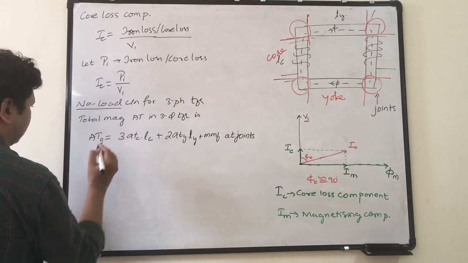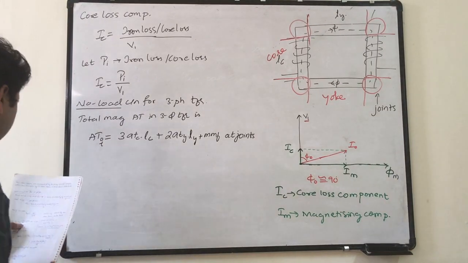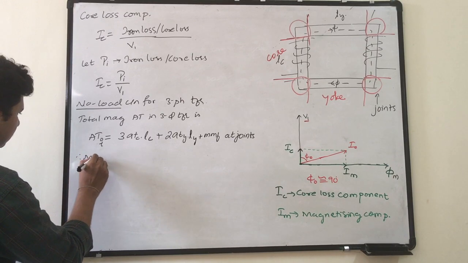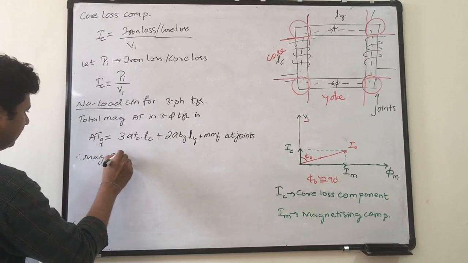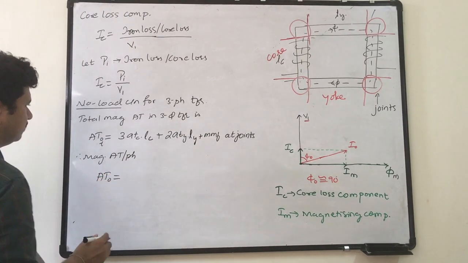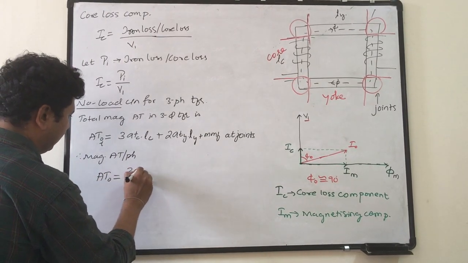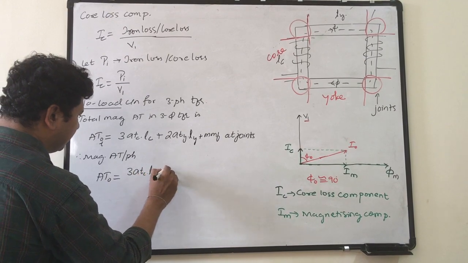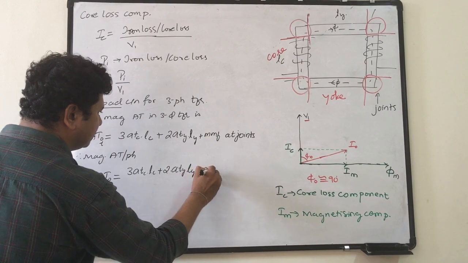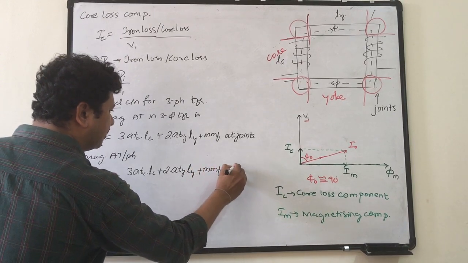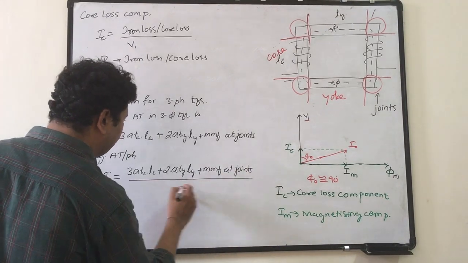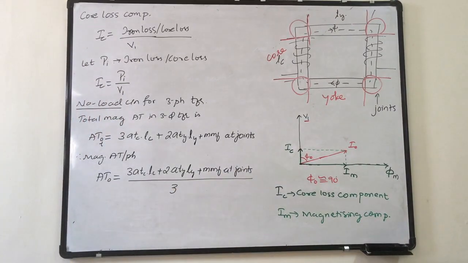AT naught T you can take as total. And the magnetizing ampere turns per phase, therefore, AT naught is equal to 3 AT C LC plus 2 AT Y Ly plus MMF at joints, divided by 3 per phase.